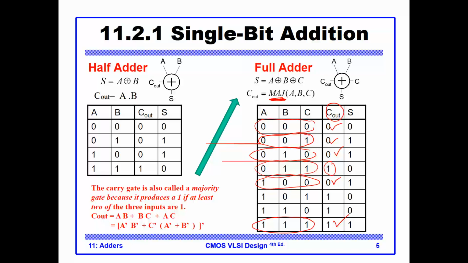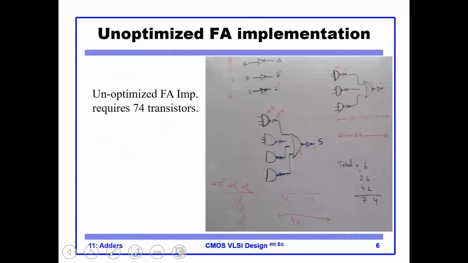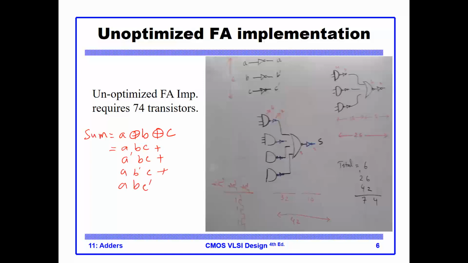Now we go here and investigate implementing the adder using simple logic. So what we did, we said the sum is A exclusive OR B exclusive OR C. This equals A'B'C or A'BC' or AB'C' or ABC.